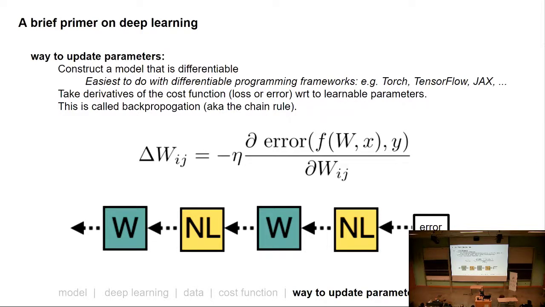If you've heard of TensorFlow, PyTorch, maybe some of you even use JAX, which is a really cool framework, this is one of the easiest ways to construct a differentiable model that you can flow gradients through to update your parameters. And so this loss, we take derivatives of the loss with respect to all these parameters, and that's how we update the parameters. This is called backpropagation, which is sort of the computer science term for the chain rule for those of you who've taken calculus. So that's kind of the magic sauce of how this works.